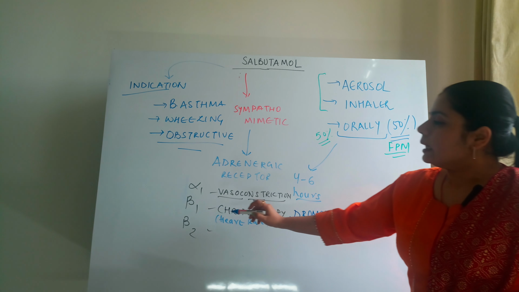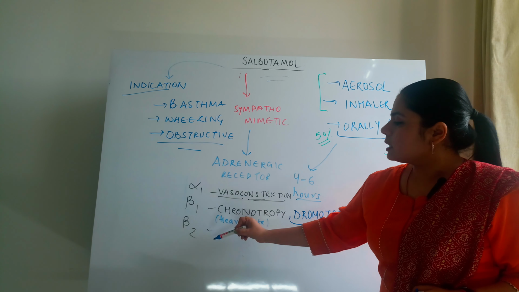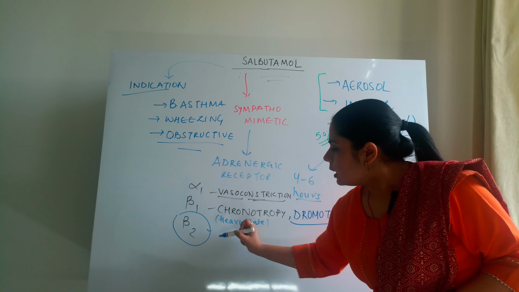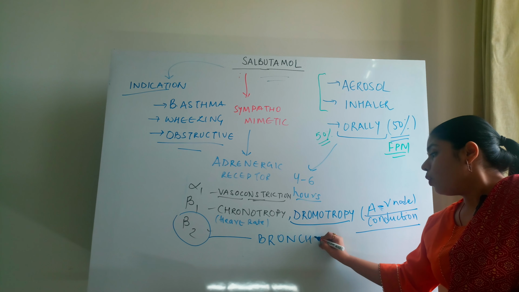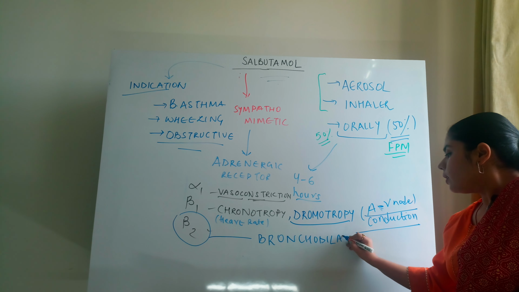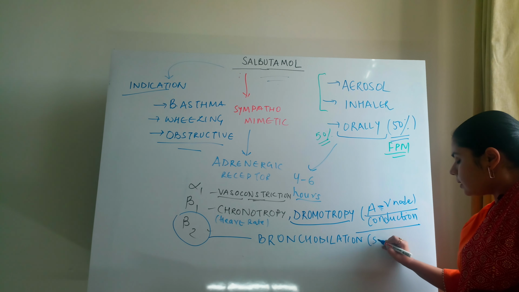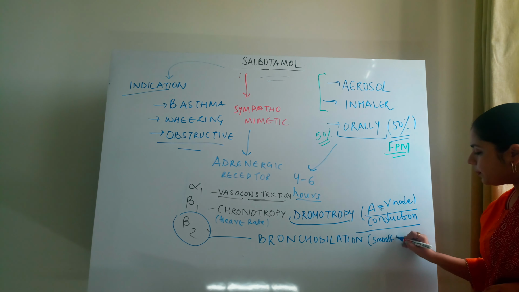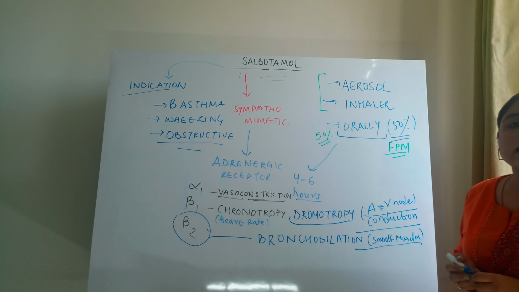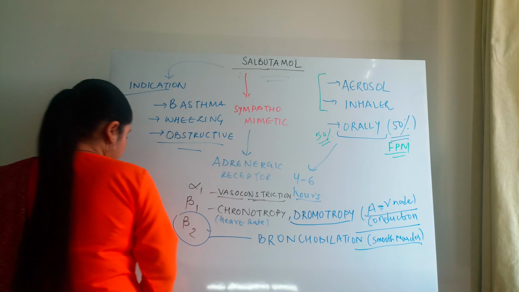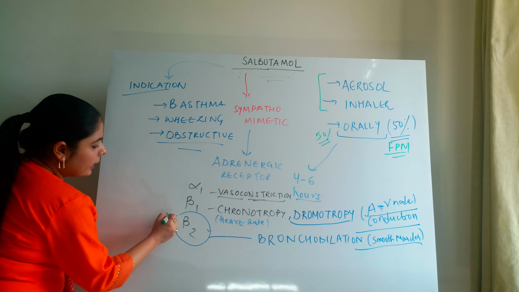Salbutamol is responsible for targeting the beta 2 receptor, which causes bronchodilation of the smooth muscles. We are talking about the smooth muscles in the alveoli sac, in the respiratory system. So this is the target action.